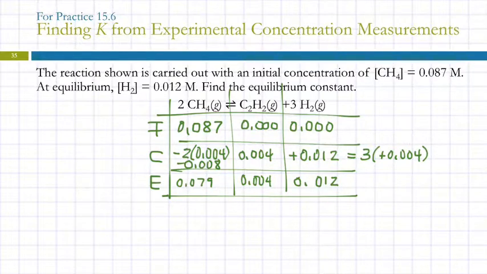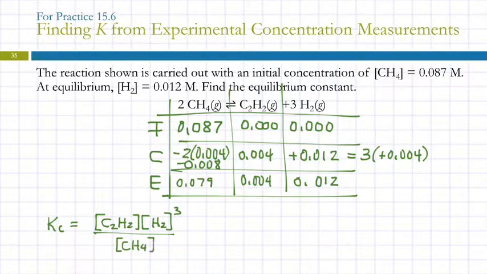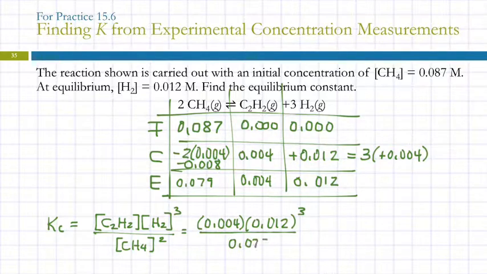Then we need the equilibrium constant expression. And I really would encourage you to actually write this out instead of just plugging numbers in. So here we've got the concentration of C2H2 and concentration of H2 cubed. Those are the products, divided by CH4 squared. So we've got 0.004 and 0.012 cubed divided by 0.079 squared.